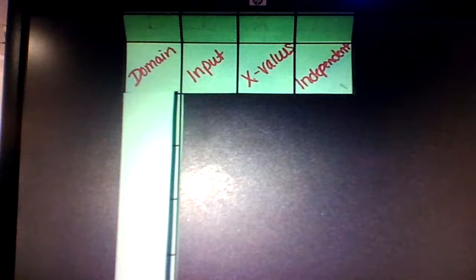So if I ask you to list me the domain, you're listing me every X value that you can have in your equation, on your table, in your graph.